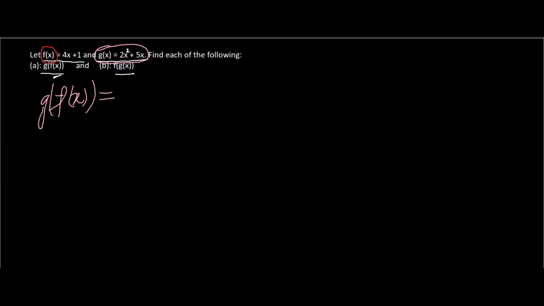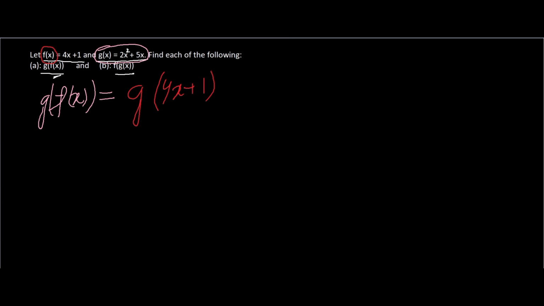I'm going to do this step by step. So g of f of x, where f of x is equal to 4x plus 1, is g of 4x plus 1. It means that 4x plus 1 is in the domain of the g function.